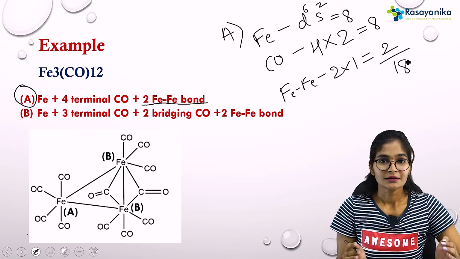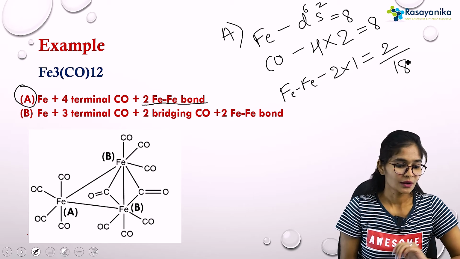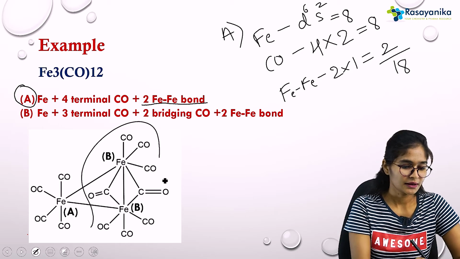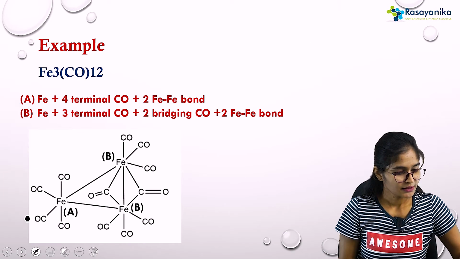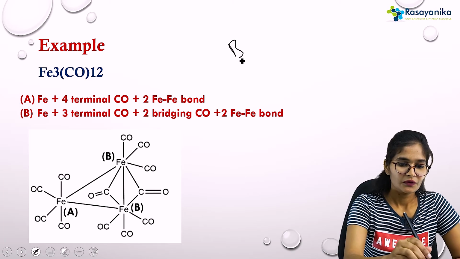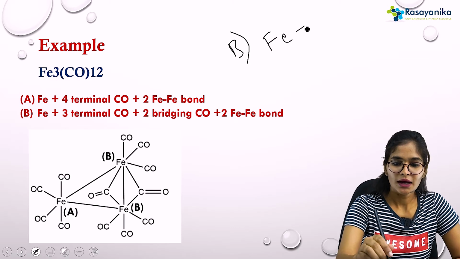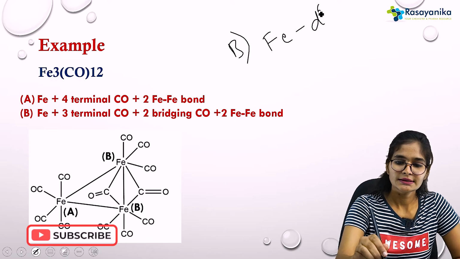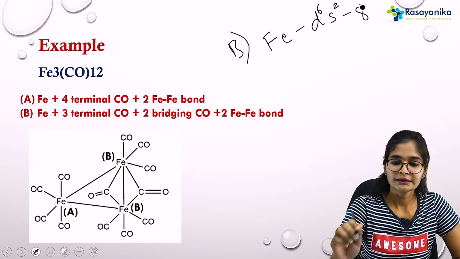So the part A of the structural unit has attained 18, and now coming to the other part, that is part B. Just let me erase this. So coming to part B, you have the Fe, the same iron, and its configuration is d6s2, right? And you have here again 8 electrons.